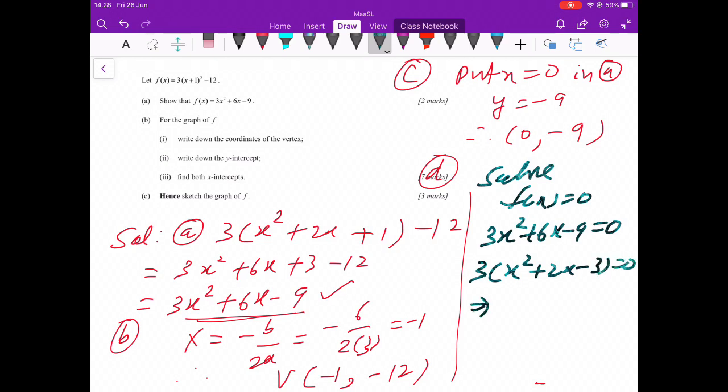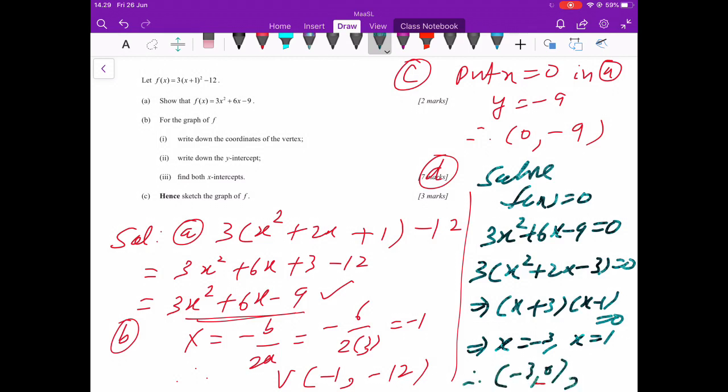That implies the factors will be (x + 3)(x − 1) = 0. That implies either x = −3 or x = 1. So therefore we have (−3, 0) and (1, 0) as the x-intercepts. Actually this is the B1 part, the B second part, and this one is the B third part.